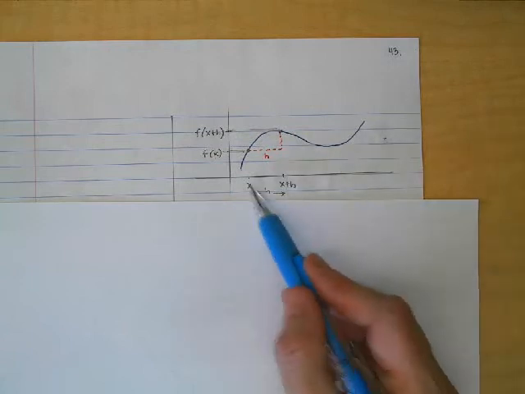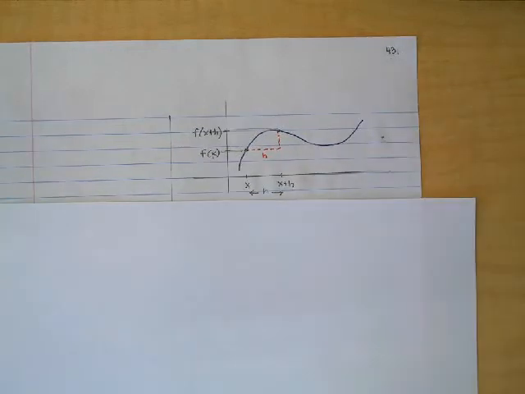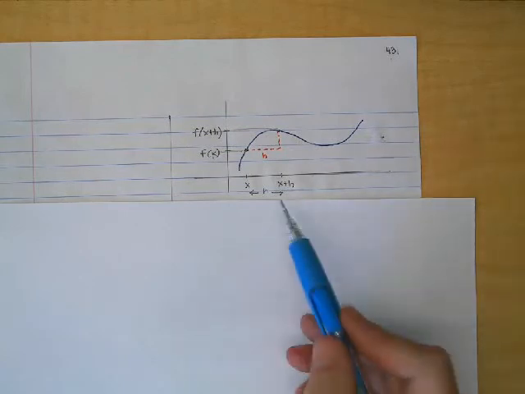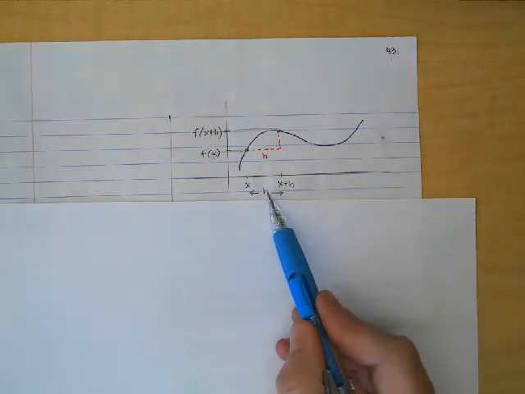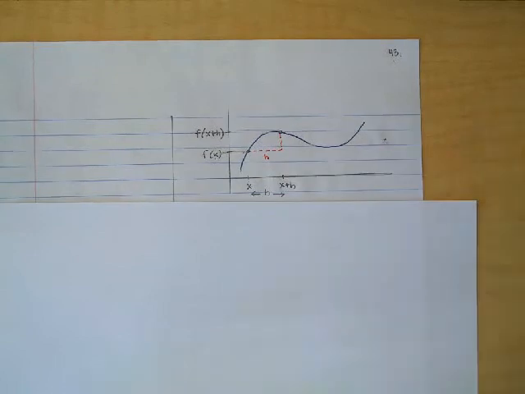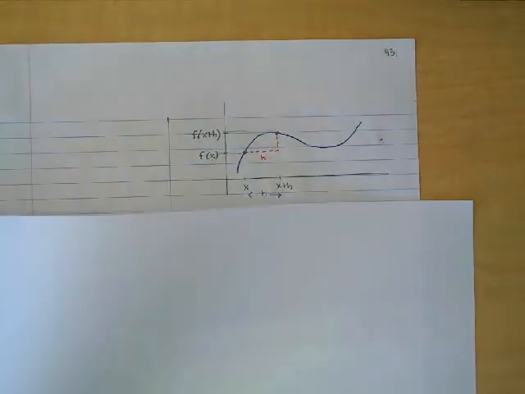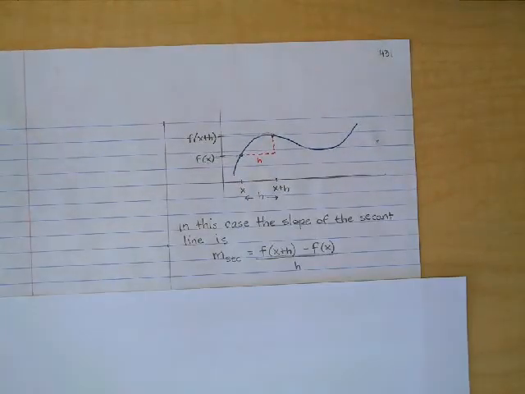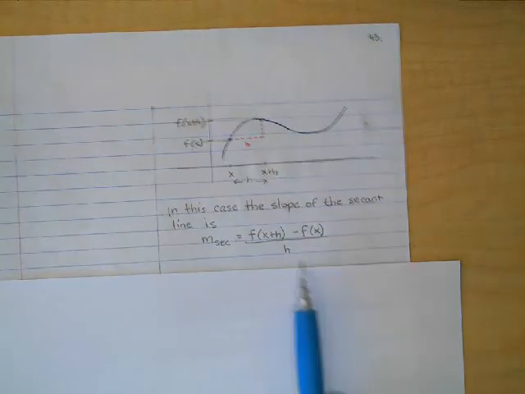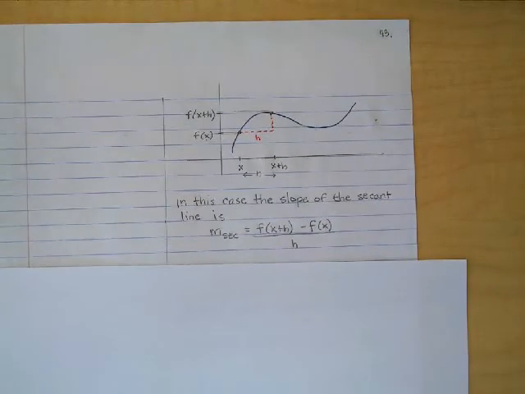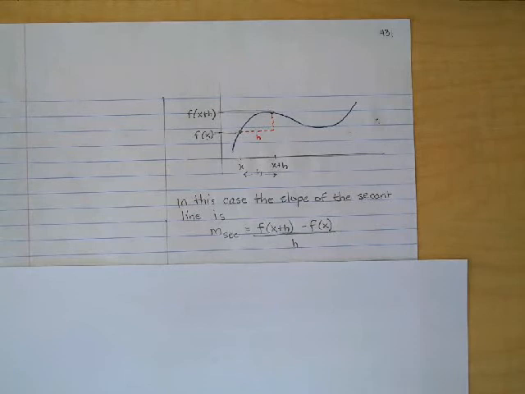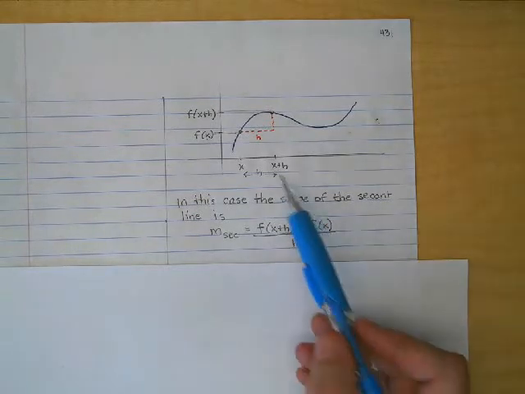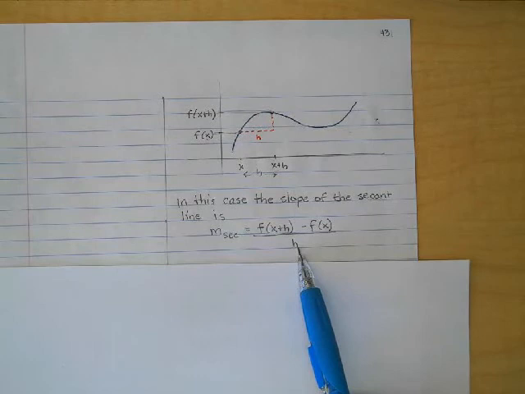Okay, and again, this is blown up right here, but I want you to think about this as super, super small. So we're going to allow h, that distance between these 2 points, to go to 0. So there's the slope of the secant line. And I just replaced x1 and x2 with h.